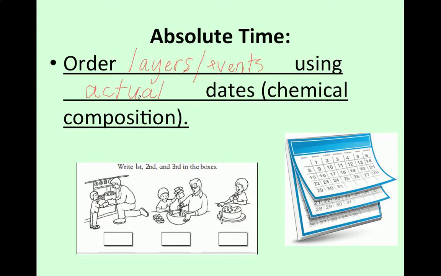Okay, here with absolute time, I have the actual date, so I've got my calendar here to kind of show that. Okay, actual dates are used in absolute time. So that would be like in my cake example, if there was a little clock in the background saying, oh, this is what time it is for each one of these examples, and then we could put it together by the timing of the event. That would be absolute time.